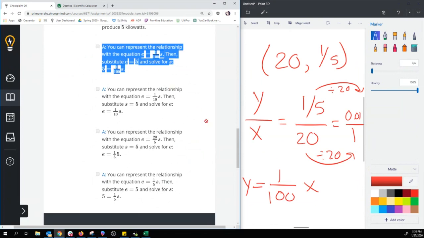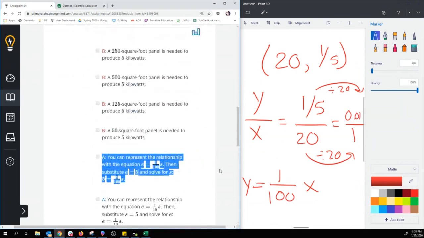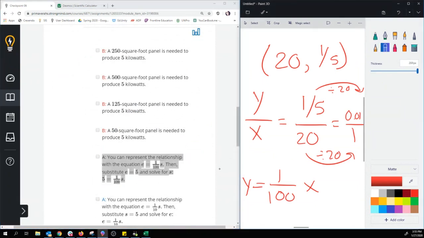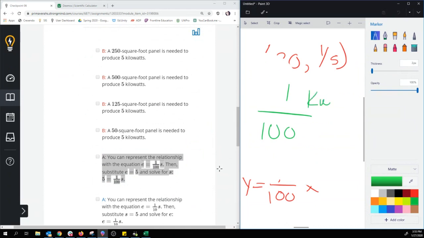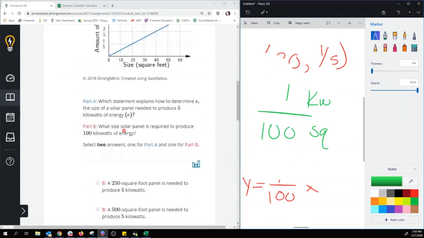Now, what this unit rate is telling us is this 1 over 100 means that for every 1 kilowatt of power, I need 100 square feet of solar panels to get that 1 kilowatt of power.